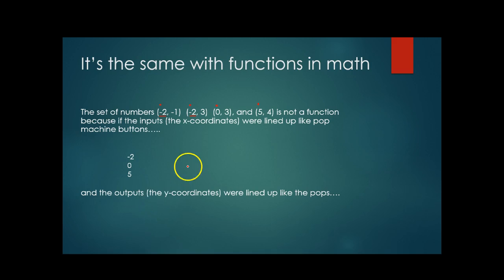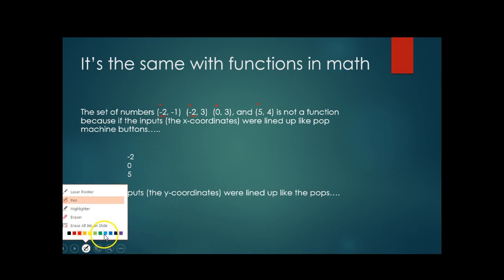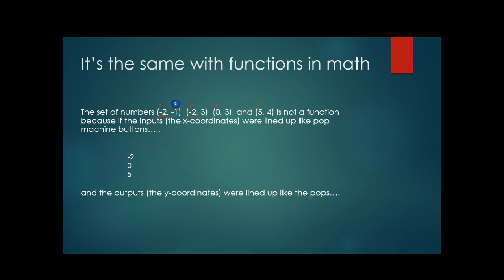And the outputs, which are the y coordinates, I'm going to label those with blue dots. We're lined up like the pops. So you have the pop machine buttons, and then you have the pops. We only have 3 outputs because 3 happens twice.